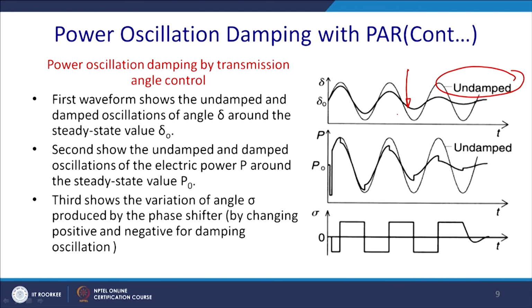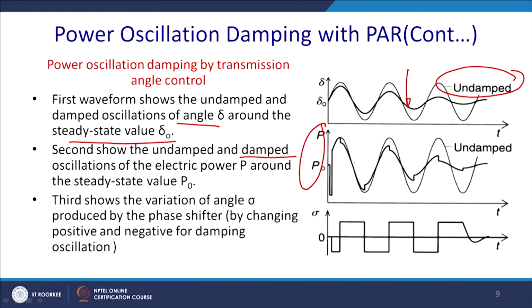The first waveform shows the undamped and the damped oscillation of angle delta around the steady state value delta 0. The second shows the damped and the undamped oscillation of the electrical power.